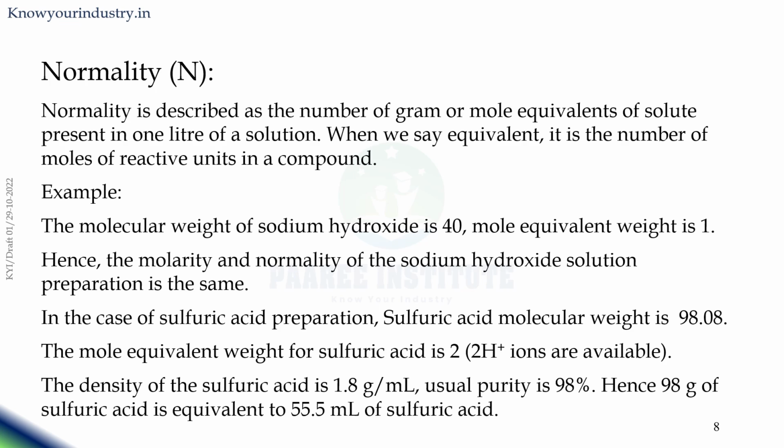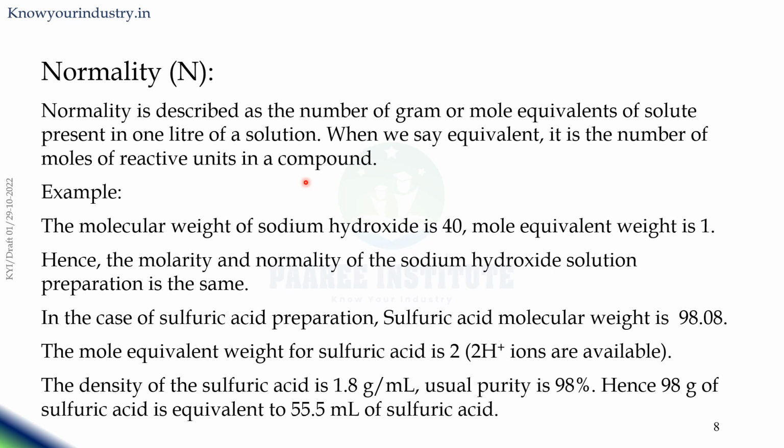Now we are going to see what normality is. How will you prepare 1 normal or X normal solutions of chemicals? Normality is described as the number of gram or mole equivalents of solute present in 1 liter of solution. When we say equivalent, it is the number of moles of reactive units in a compound.